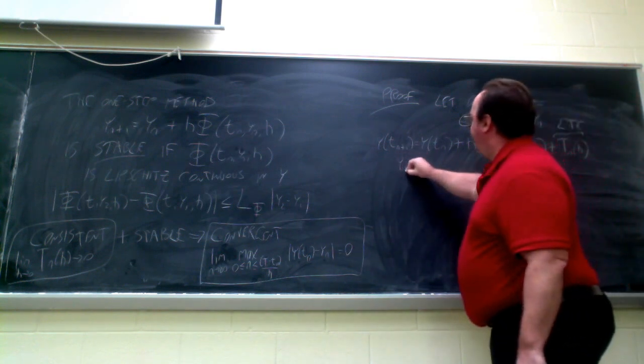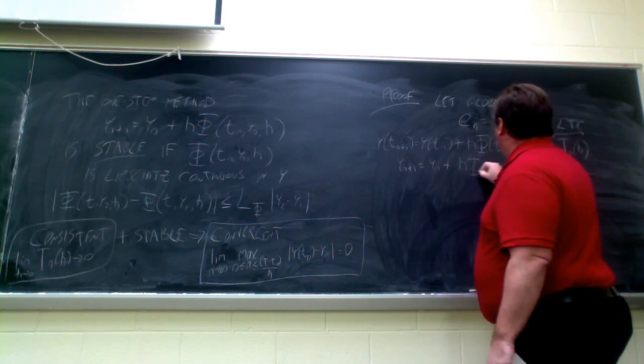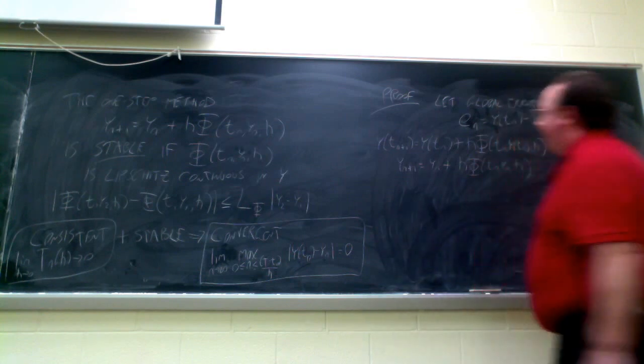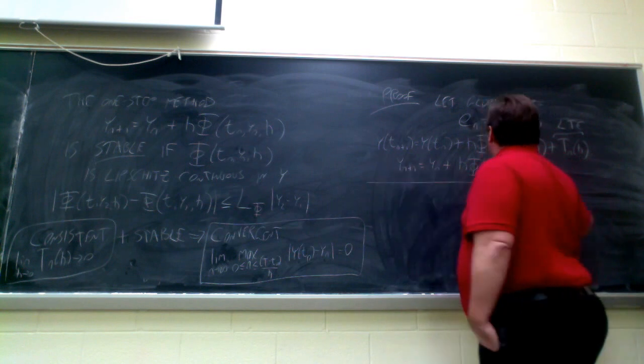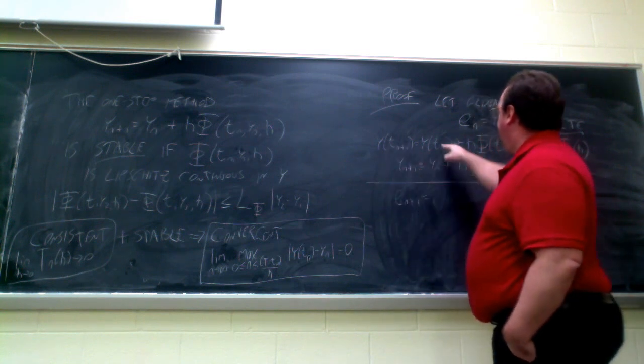The numerical solution, I was going to write out the method here. And then you subtract the two. Well, this difference is just E n plus 1. This is E n.